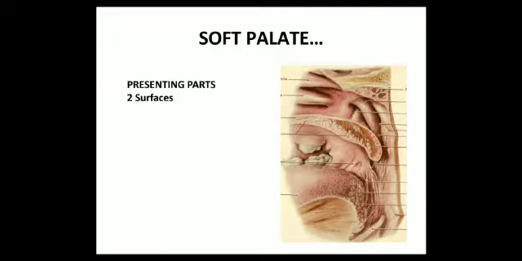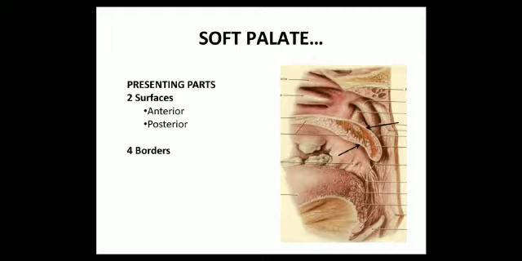It has two surfaces. The anterior surface is concave and is marked by a median raphe. The posterior surface is convex and is continuous superiorly with the floor of the nasal cavity.